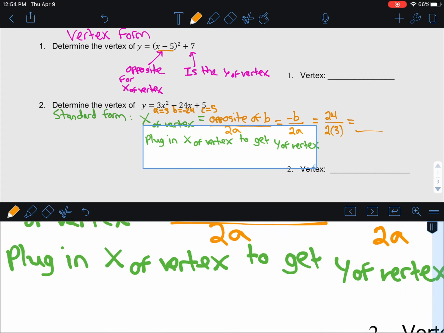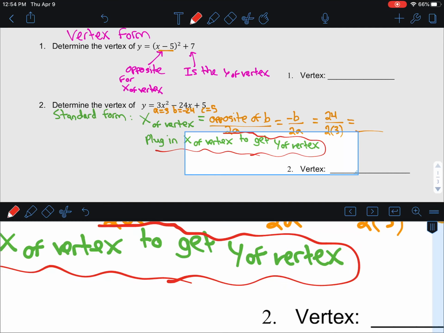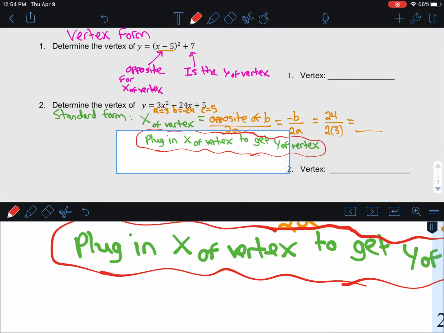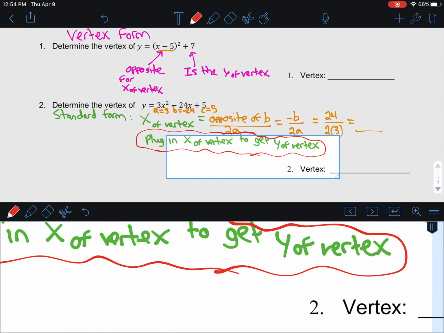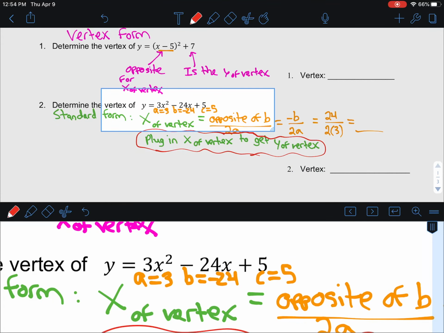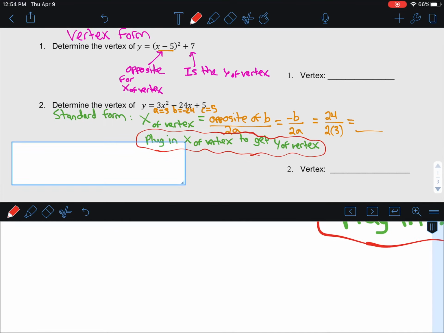Now remember, in order to find the y of the vertex, you plug in your answer from above. You can use your calculator. Remember, decimals.com is something you can use, or your phone, your iPad calculator, whatever you need to do to figure out what this is. Whatever answer you get there, you plug that number in for x, in both x's, in order to find the y of the vertex. Again, look at my answer key if you need a little bit more guidance with that.